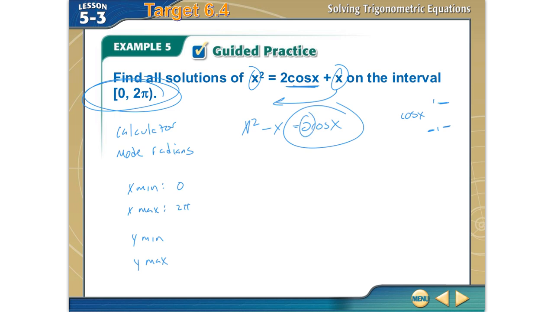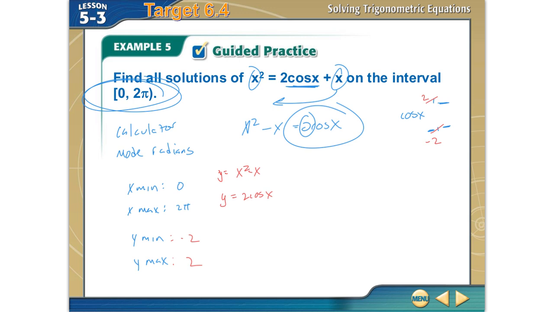We have an amplitude of 2, though, so that's going to stretch it from +2 down to -2. So we're going to set our y min at -2 and our y max at +2. Now we're going to type y equals x squared minus x for one function, and y equals 2 cosine x for the other function. Let's take a look and see what we get on our calculator.